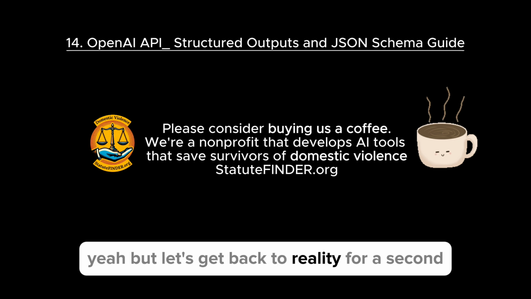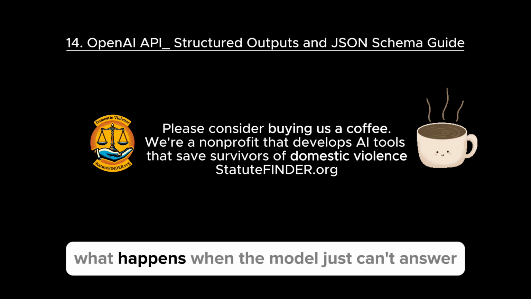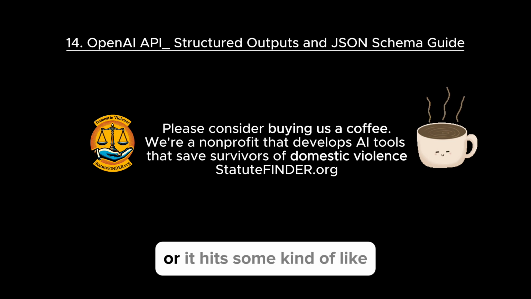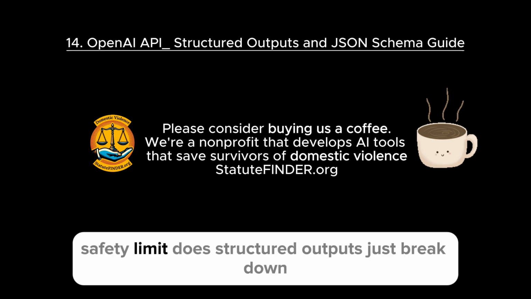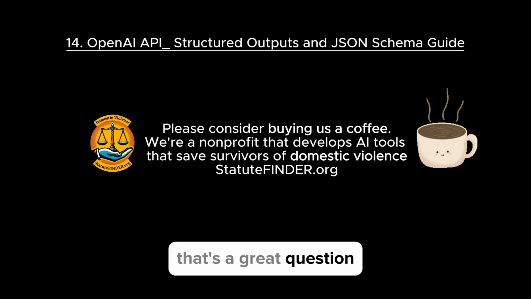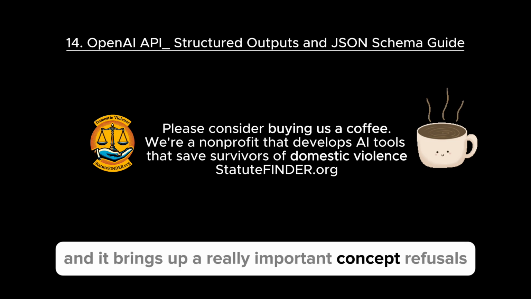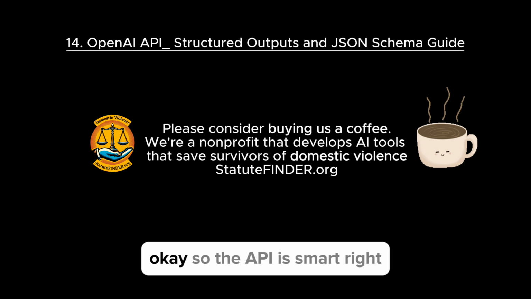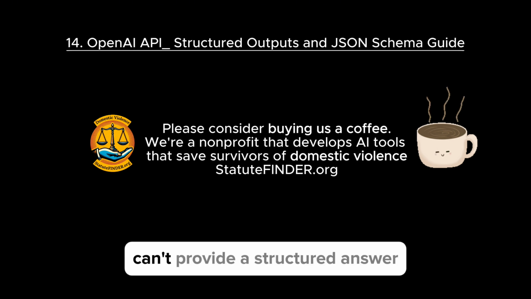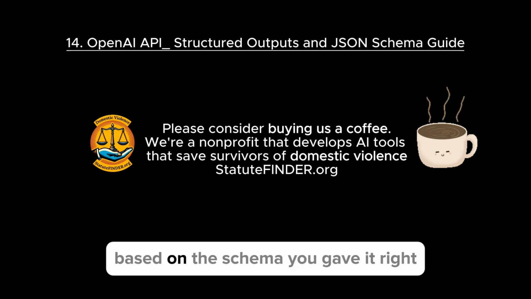Yeah. But let's get back to reality for a second. What happens when the model just can't answer? Maybe the question is too vague or it hits some kind of safety limit. Does structured outputs just break down? That's a great question, and it brings up a really important concept, refusals. So the API is smart, right? It's designed to recognize when it can't provide a structured answer based on the schema you gave it.